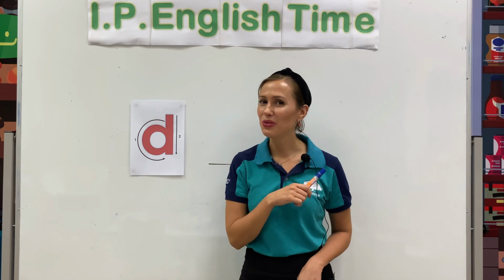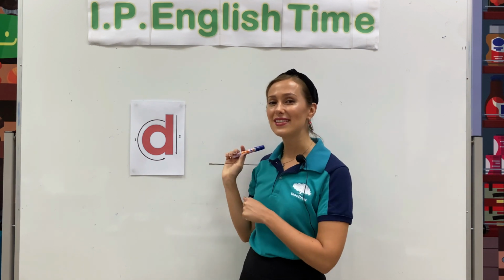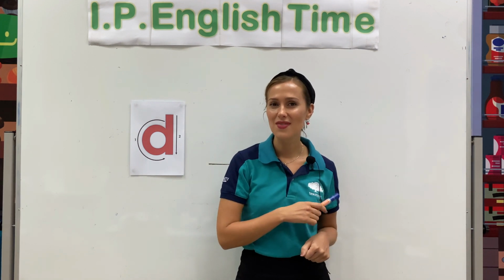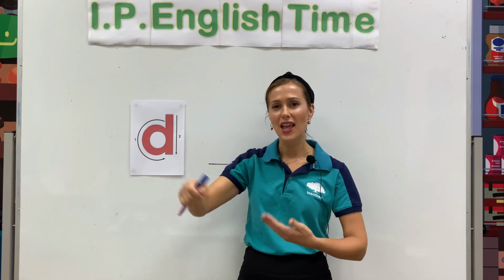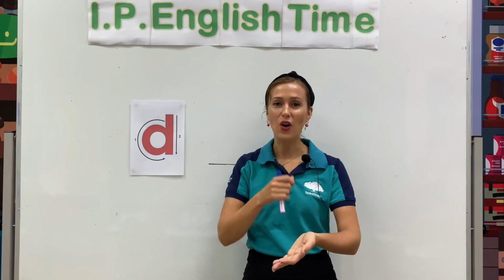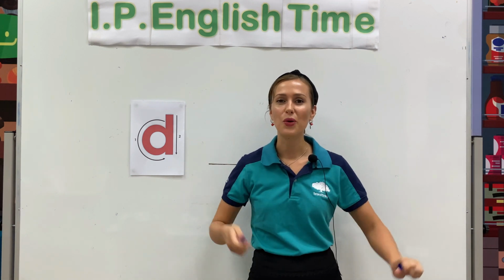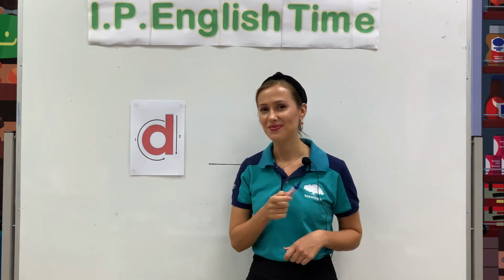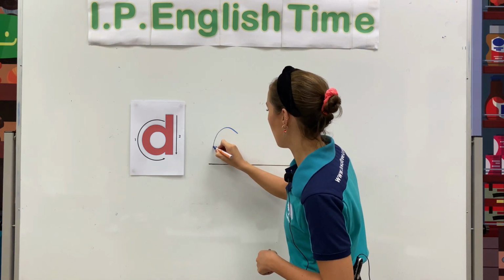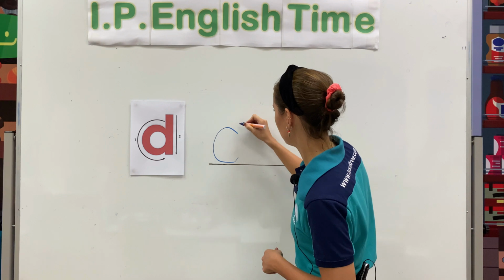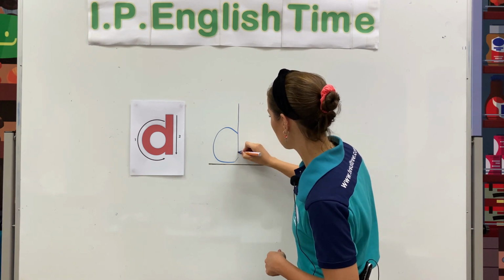Okay, I think you are ready to write the lowercase d. So, let's take a piece of paper and a pencil or a color. We will write together. 1, 2.